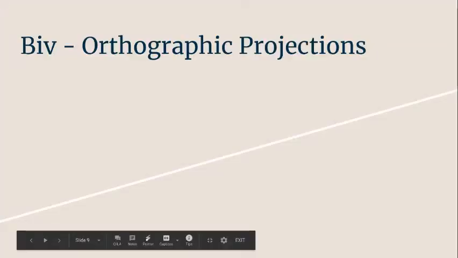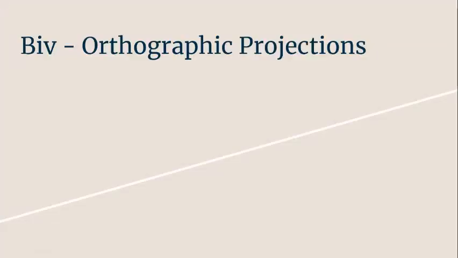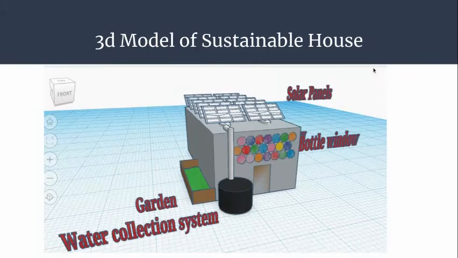Here's my last slide section, which is my B4 strand with the orthographic projections. So here's a 3D model of my sustainable home, the plan that I made a little bit before.